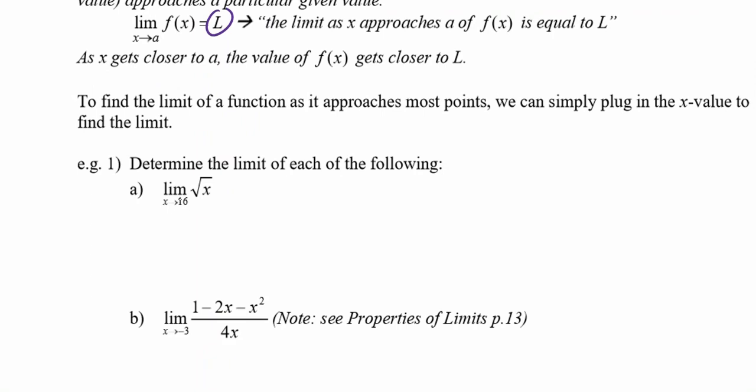It would be true to say, if I asked what's the limit of the square root of x as x approaches 16, we should just be able to throw in 16 for x. So the limit as x approaches 16 of f of x would be equal to 4.